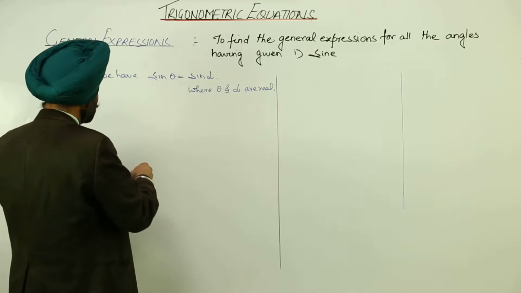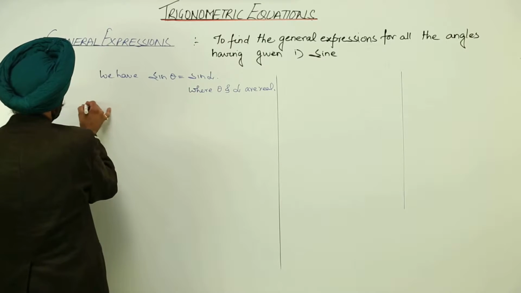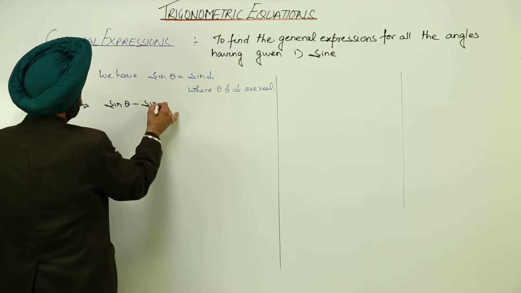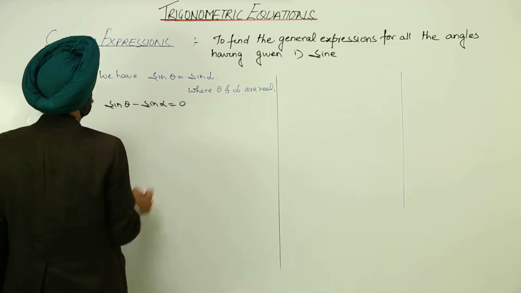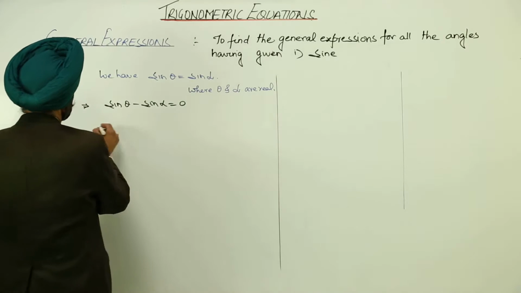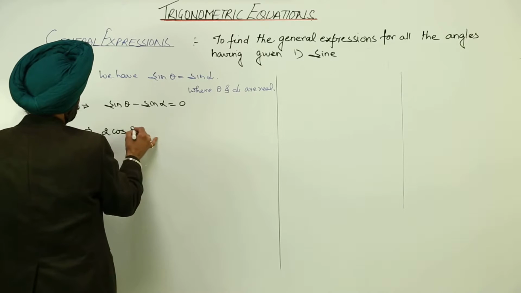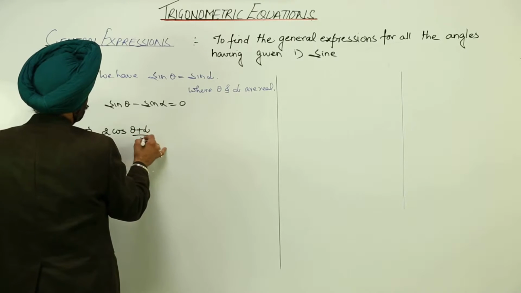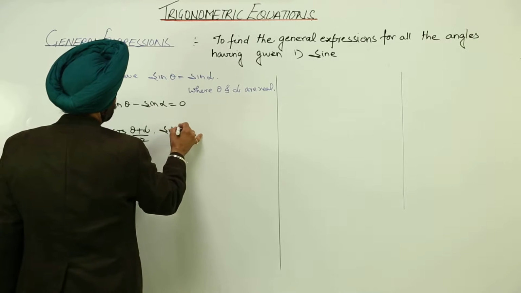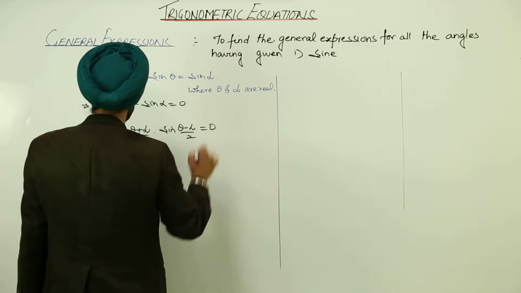Just using C and D formula, first of all we will have sin theta minus sin alpha is equal to 0, and here we are going to use the C and D formula. Now this becomes 2 cos of (theta plus alpha) upon 2 times sin of (theta minus alpha) upon 2 is equal to 0.